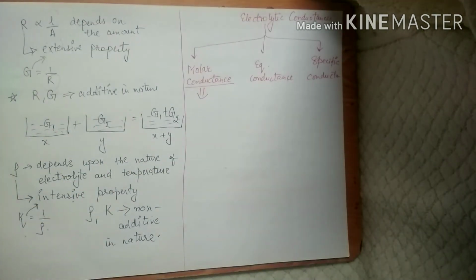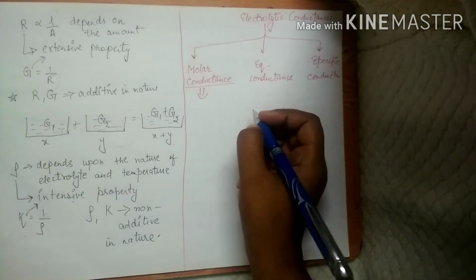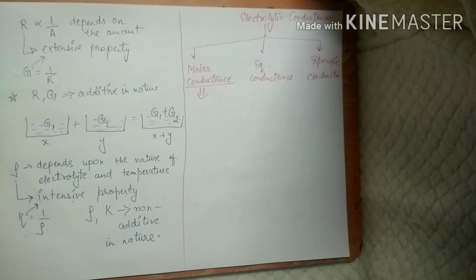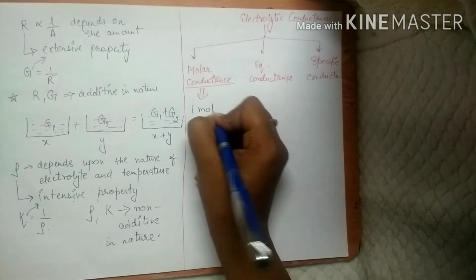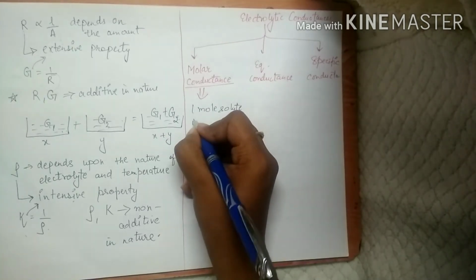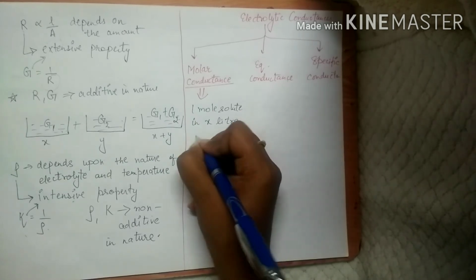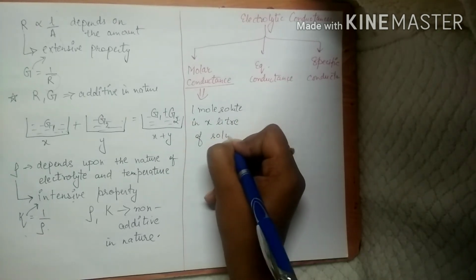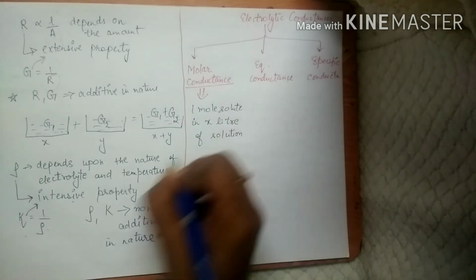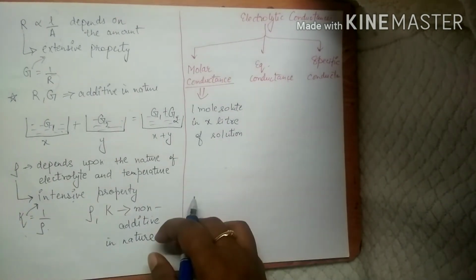So molar conductance is, suppose you have 1 mole of a solute in X liter of solution. You have X liter of solution in which you have 1 mole of a solute.